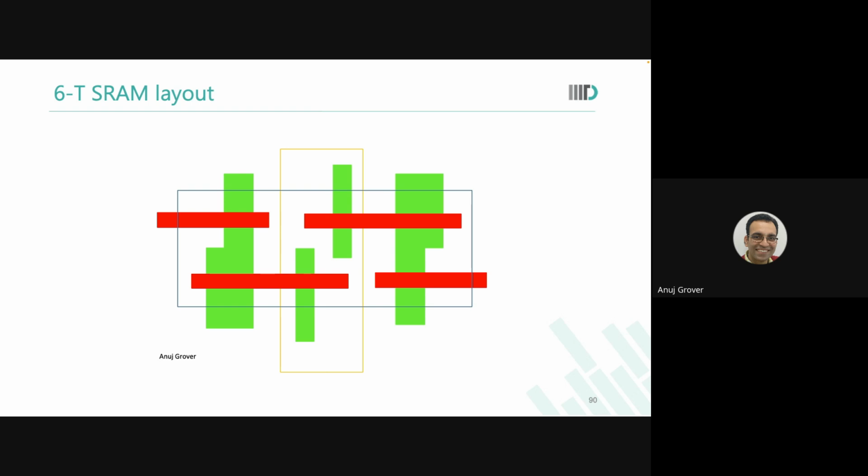So we know that there are going to be variations. And there is a possibility that VT of PG could be here and VT of PD could be on that side, even if I had targeted both of them to be at the same VT.